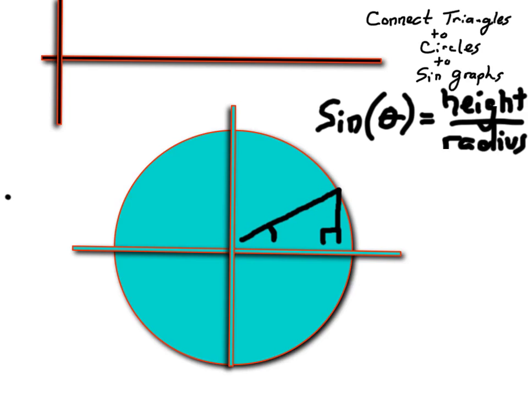And what we said yesterday was that if we solve that out for the height, the height is equal to the sine of that angle times the radius.